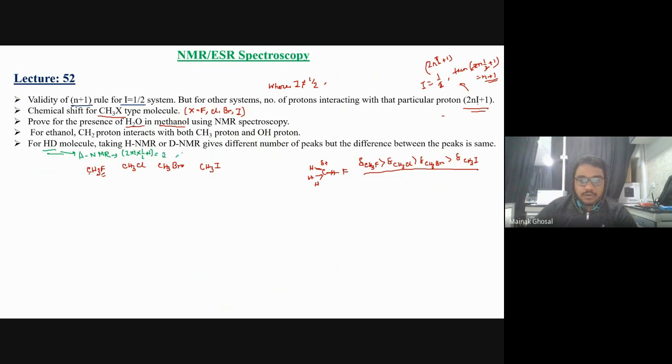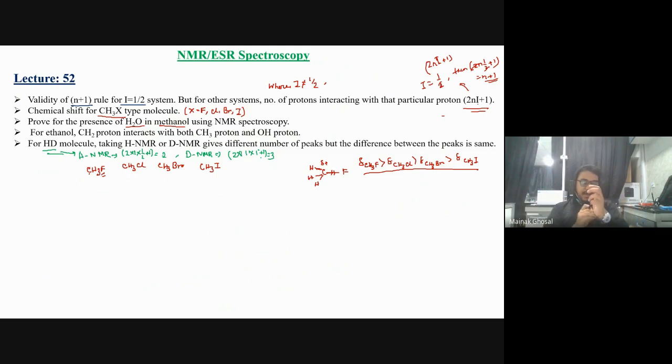If you go through deuterium NMR, which has I equals 1, then 2 into 1 into 1 plus 1 gives 3 peaks. So hydrogen NMR shows two peaks and deuterium NMR shows three peaks, but the difference between the peaks will always be the same. This will be J.